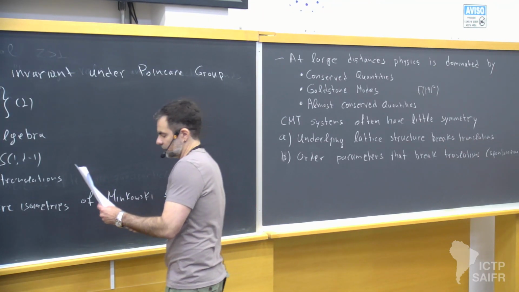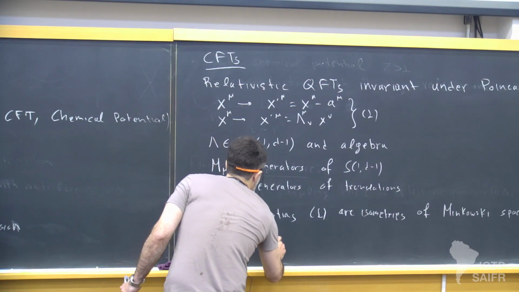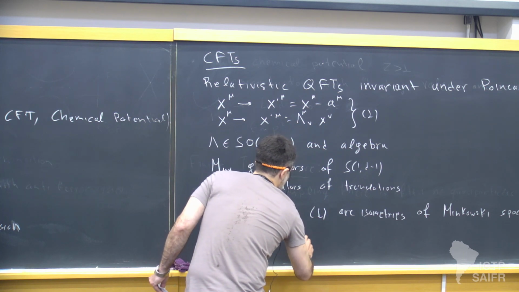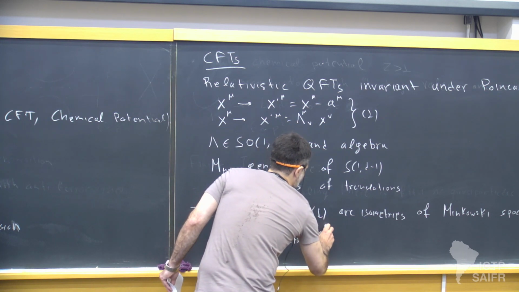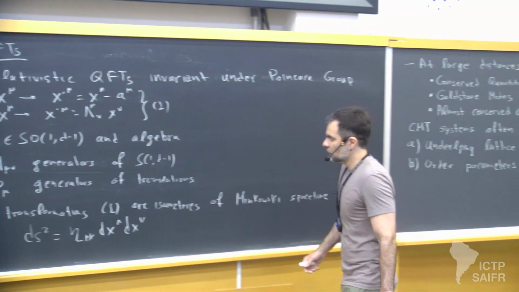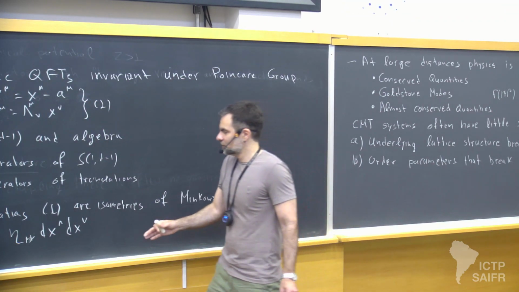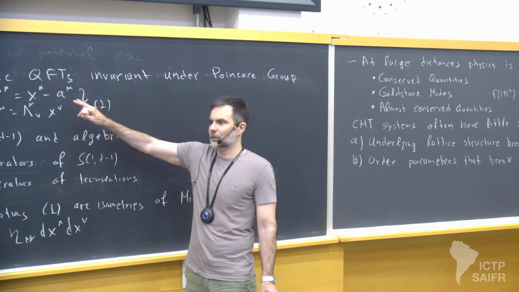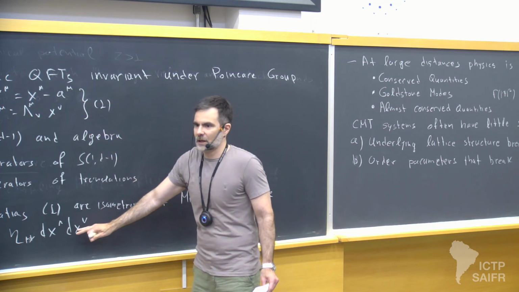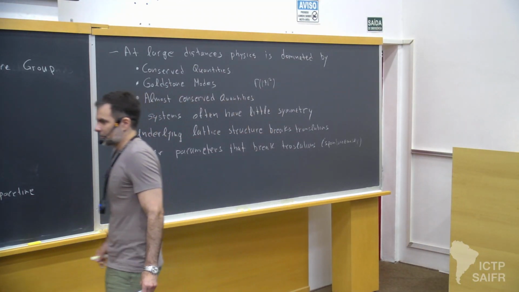If I use Cartesian coordinates and write the metric ds² = η_μν dx^μ dx^ν, then this metric is invariant under these transformations. In fact, this is how you find this metric. You want your theory to be invariant under this, and the quantity that is invariant is the Minkowski metric. Okay? Good.